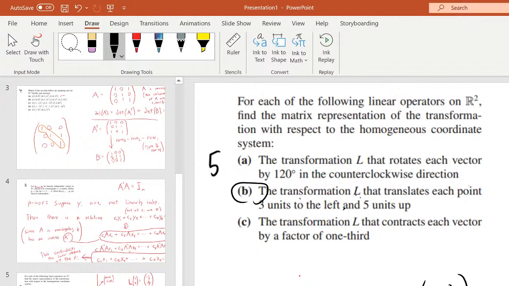Now, L cannot be modeled by a 2 by 2 matrix, but it can be modeled by a 3 by 3 one. And the reason is that L is not actually a linear transformation in the sense that we defined linear transformations in class, if we think of it as going from R2 to R2.